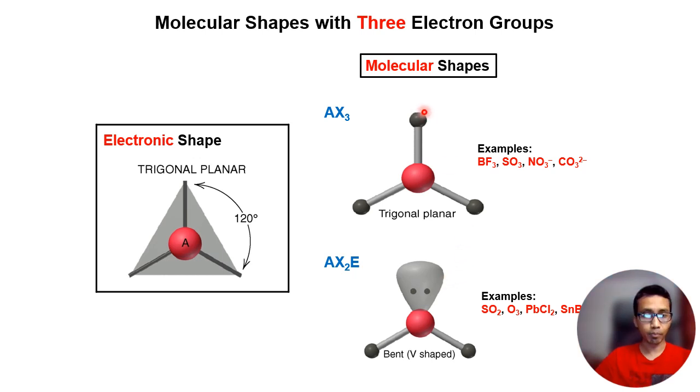And remember, both of these have the same electronic geometry, which is trigonal planar. However, the molecular shapes are different. This one is trigonal planar versus this one is bent V-shaped, because in the second case, we only consider the atoms. We do not consider the lone pair when we are describing the molecular shape, and that's the norm.